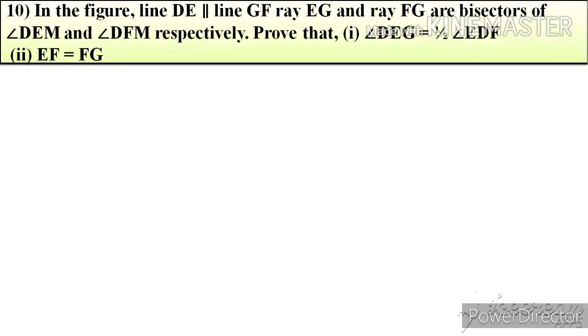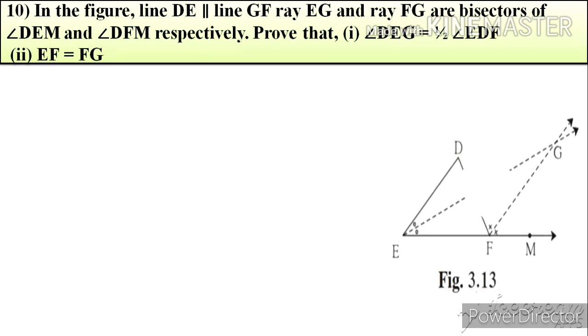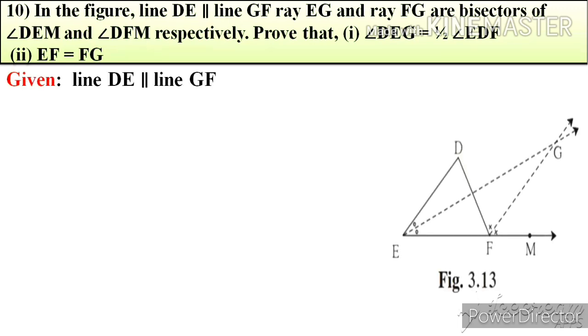Question number 10. In the figure, line DE parallel to line GF, ray EG and ray FG are bisector of angle DEM and angle DFM respectively. Prove that first, angle DEG is half of angle EDF.